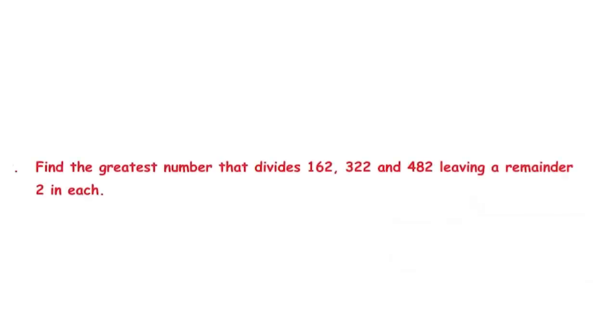Look at this question. Find the greatest number that divides 162, 322 and 482, leaving a remainder 2 in each. Find the greatest number that divides. So we know this is a HCF problem.